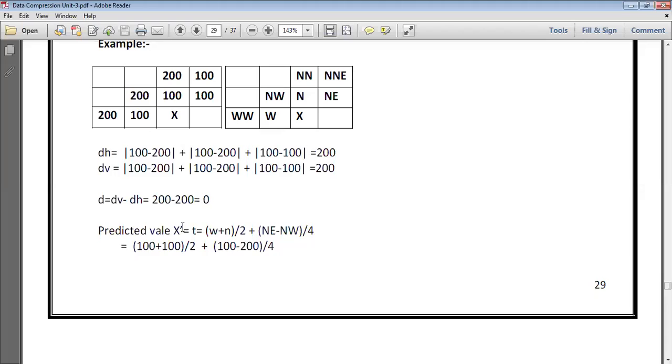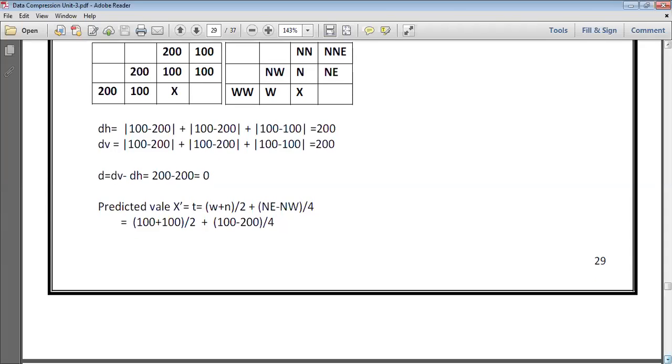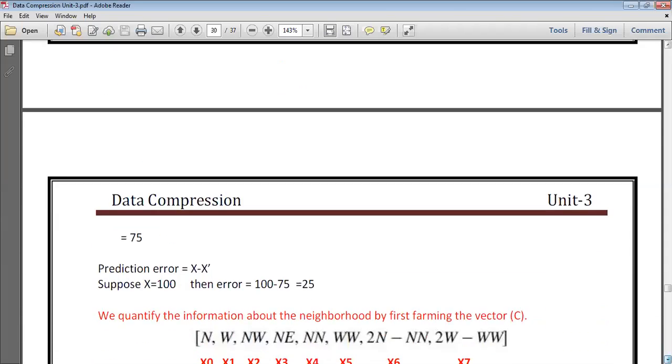So the predicted value, that's called x bar या फिर x dash, which is the coding sequence of x, original value of x is t, and t is equal to west plus north divided by 2 plus northeast minus northwest divided by 4, and after computing this we find the value of x bar is 75.